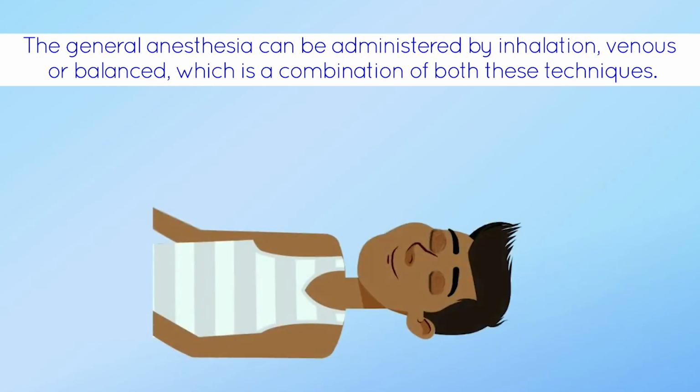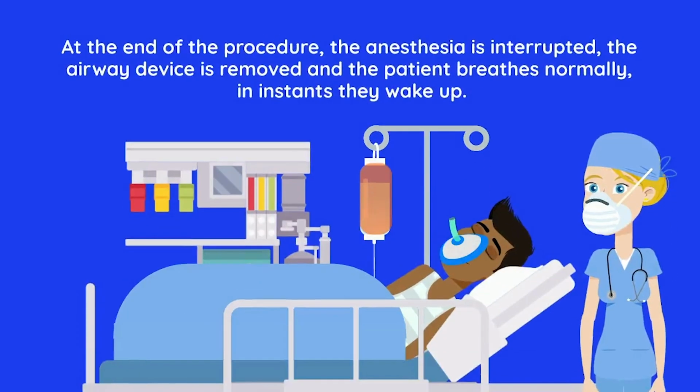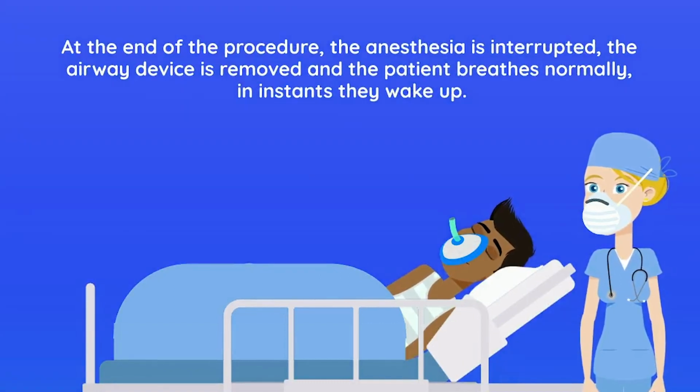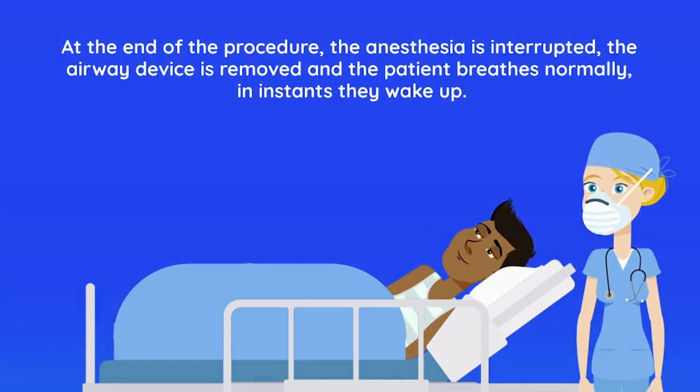The general anesthesia can be administered by inhalation, venous or balanced, which is a combination of both these techniques. At the end of the procedure, the anesthesia is interrupted, the airway device is removed, and the patient breathes normally. In instants they wake up.